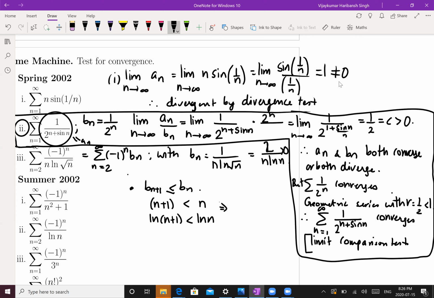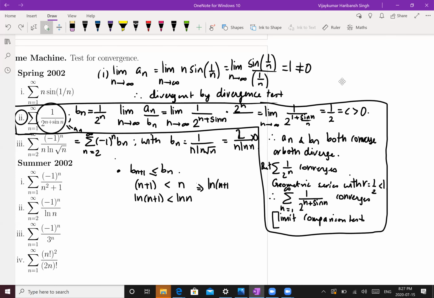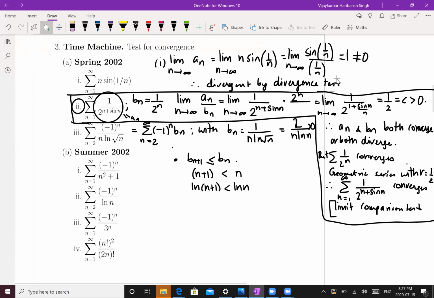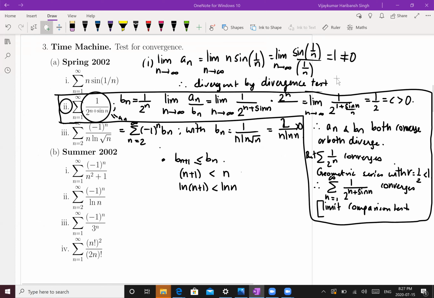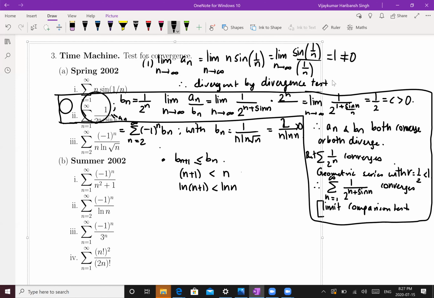So if you multiply them out, we get n plus 1 times ln of n plus 1 is greater than n times ln n.